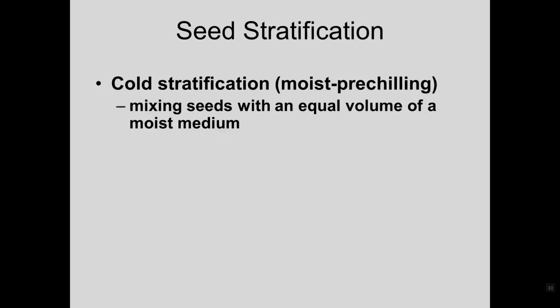But other things, sage seeds, sometimes some manzanitas, things like that. And you put them in the fridge for 30 days, 60 days, 90 days. It depends on the species itself, what will work the best. And after that period of time, you look in the fridge and you see some of them have started to germinate, and you take them out and then you can plant them at that point.